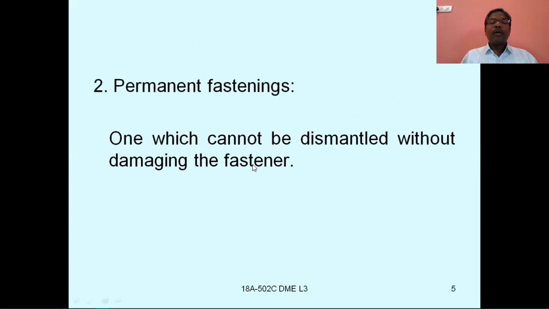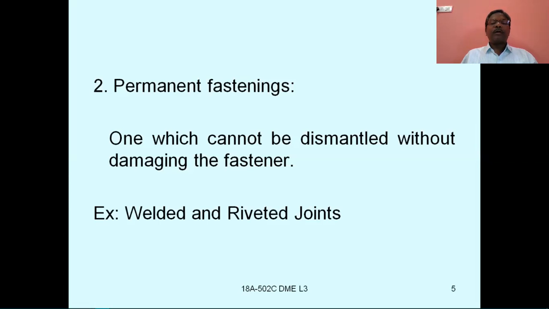That means we have to damage or spoil the joint or the fastener, and only then can we separate it, but we cannot reassemble it again. This is called a permanent fastening. Examples are welded and riveted joints.